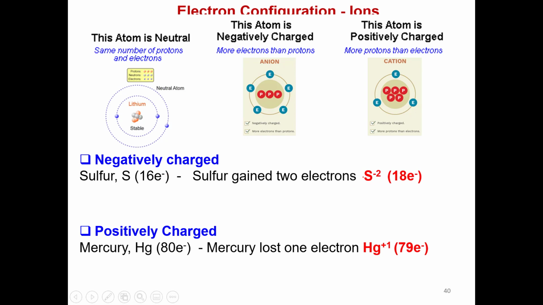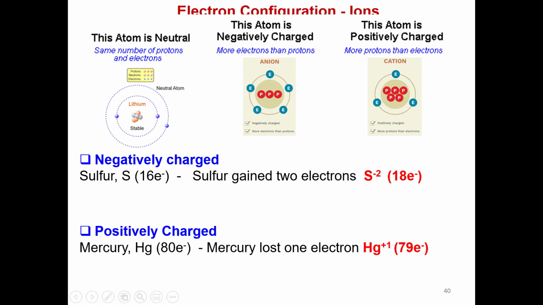If sulfur is written like that, it's a neutral atom, but if the notation is like this, it means the sulfur gained 2 electrons. It has more electrons than protons. How many more? 2 electrons.